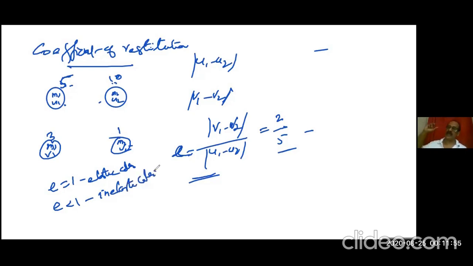Suppose you are throwing a cracker and it explodes. So velocities after explosion are more than velocities before. In that case, E is greater than 1. This is called superelastic collision.